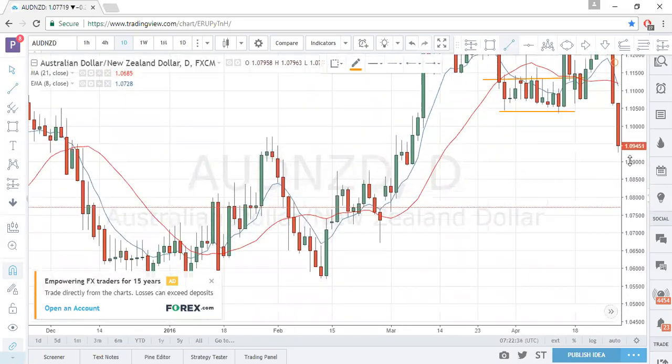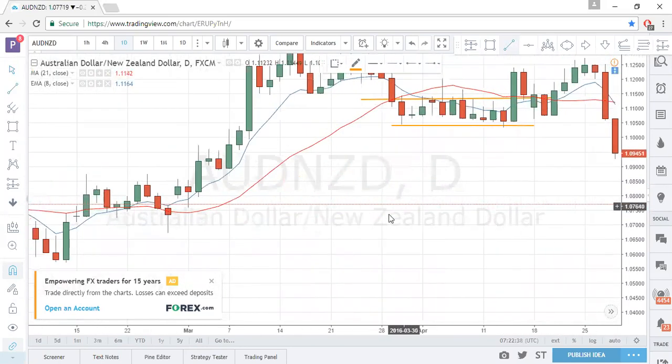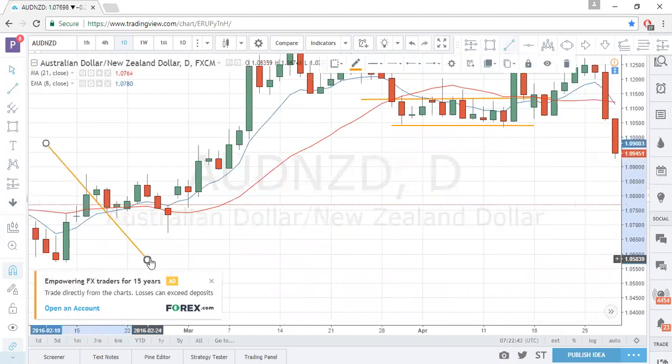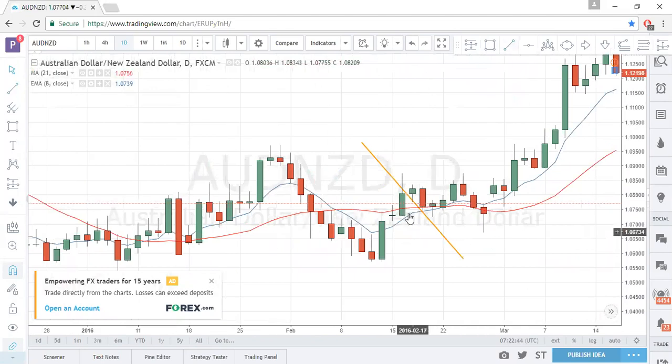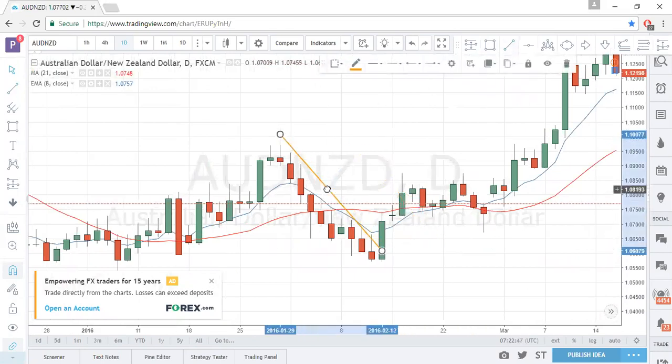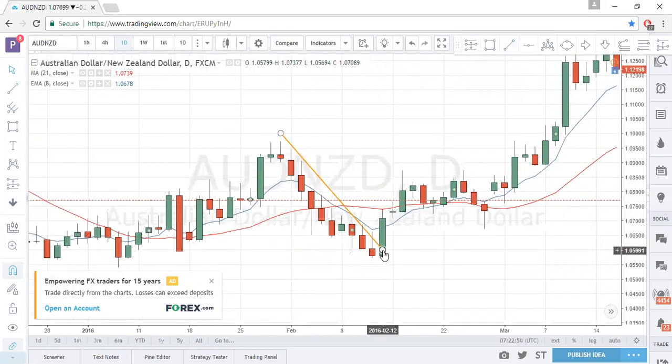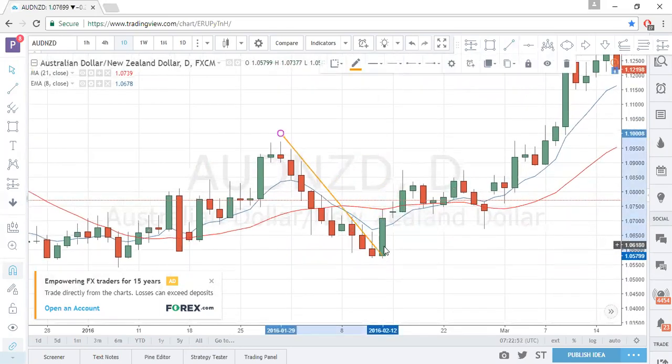There are a lot of ways to draw your trend line. Let me just do this here. Bear in mind, it must touch at least 2 or 3 wicks, right?